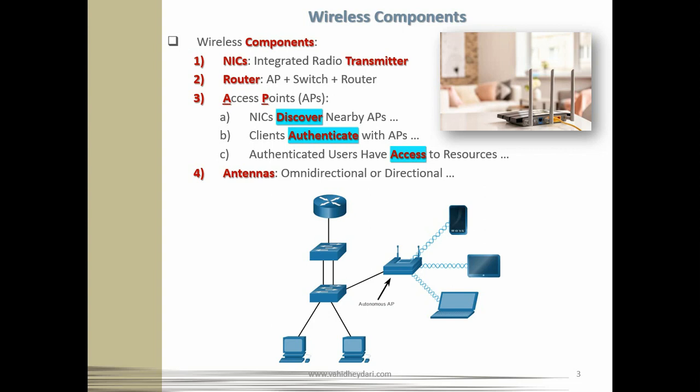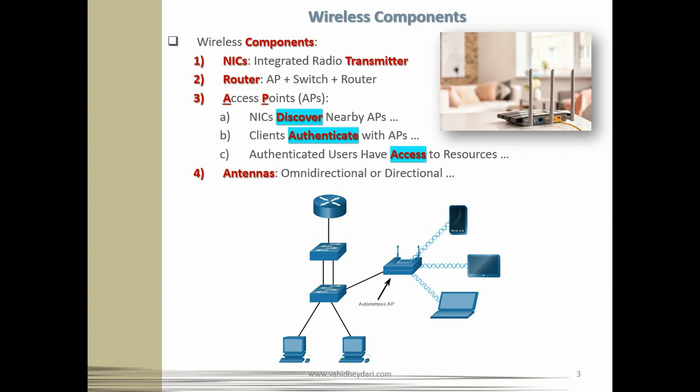Secondly, directional antennas focus the radio signal in a specific direction. And this is also another category of external antennas that we have. The third category is, in fact, a combination of multiple antennas. Up to 8 antennas together are used in order to increase the bandwidth, and they are called multiple input, multiple output, or MIMO antennas.